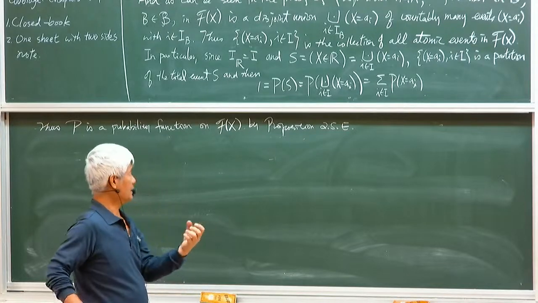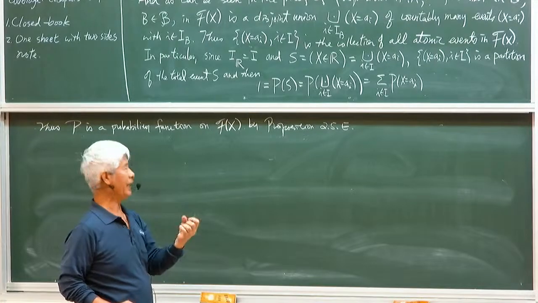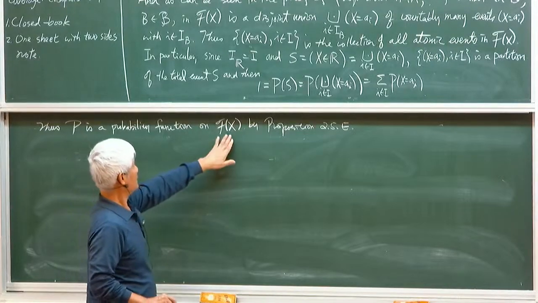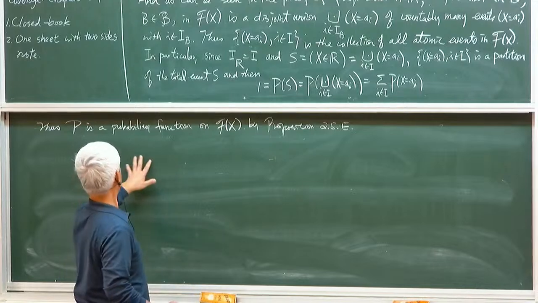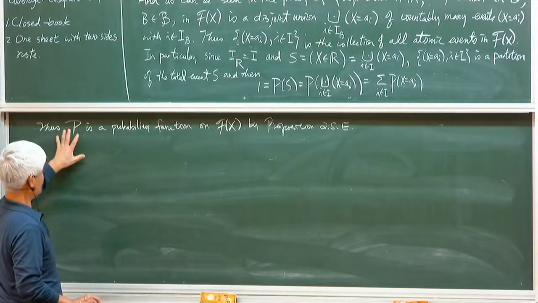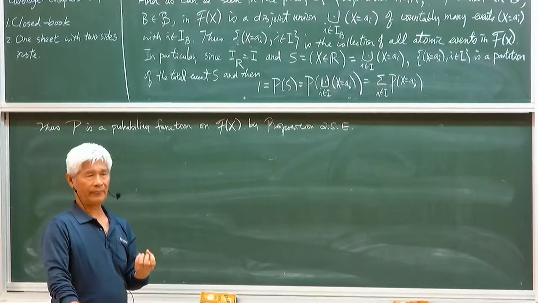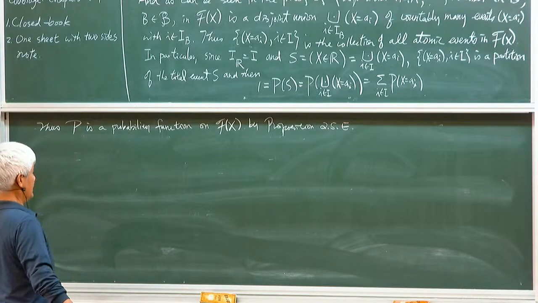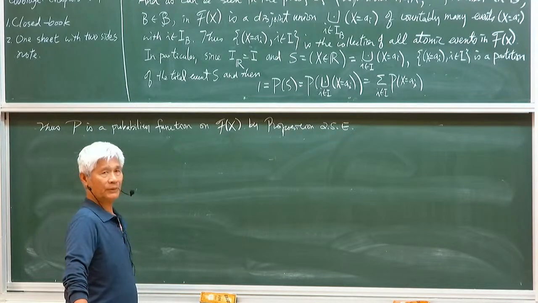We are lucky because we only restrict to the events which can be described by a random variable x. In our case, if x is a discrete random variable, then the probability function is indeed also a probability function on this smaller sigma algebra. Any questions?